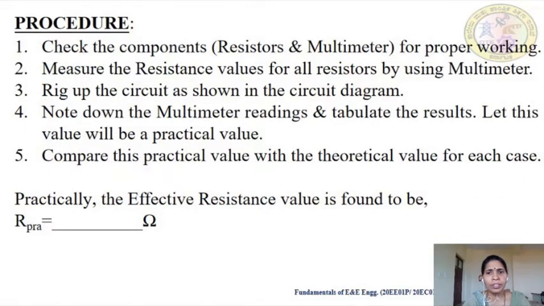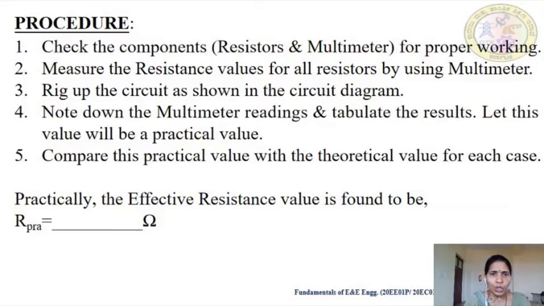Let's start with the procedure. First, we have to check the components, resistors and multimeters, for their proper working. Second, measure the resistance values of all resistors using the multimeter. Even though we know the value of the resistors, we can confirm the values by using the multimeter.